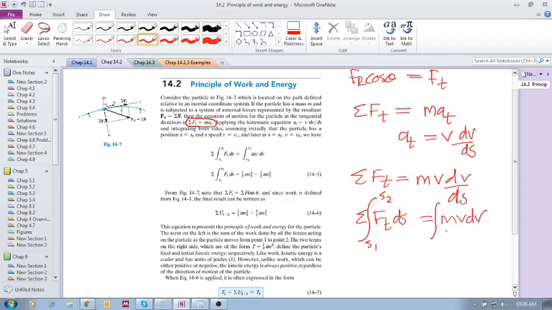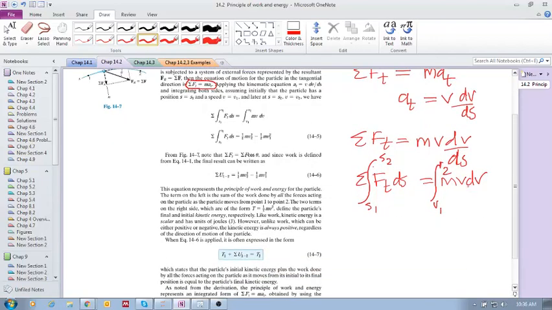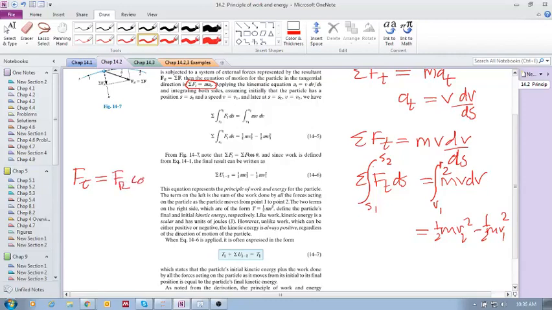And if we also integrate this between v1 and v2, then on the right hand side we get half m v2 squared minus half m v1 squared. Recall that F_t is the resultant force times cos theta, so this is actually the sum of the integral of F cos theta ds, which is really our work from first principles.